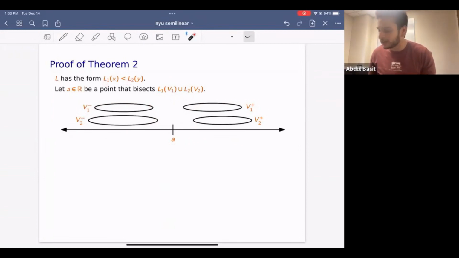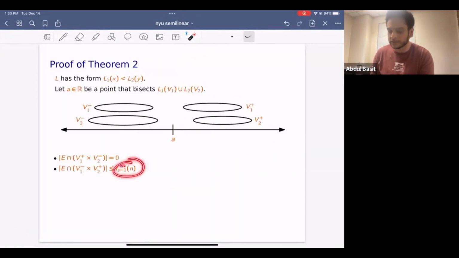Right? And then remember, L looks like L1(x) less than L2(y). So what can I say? I can look at different pieces and say what's happening. For example, let's look at this one, V1 plus and V2 minus. This is never going to be satisfied by my inequality, so there are no edges going between these two parts. Like this part is going to be complete because every point here is less than every point here. And so that gives me the second part: now I go down in the number of inequalities, so the number of edges here depends on what happens with other inequalities.